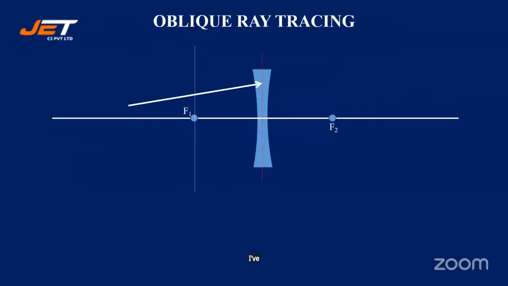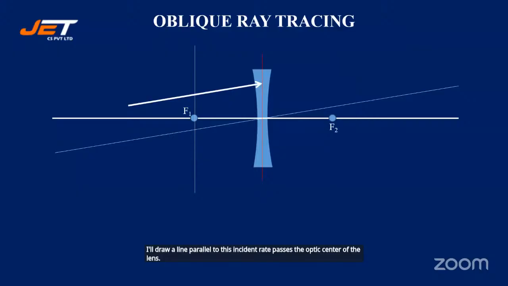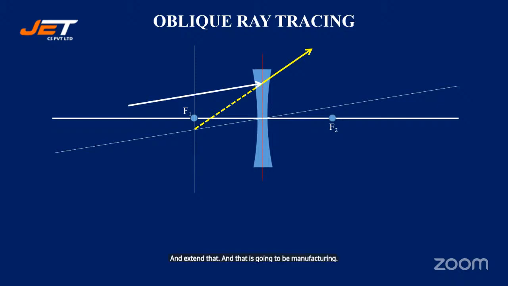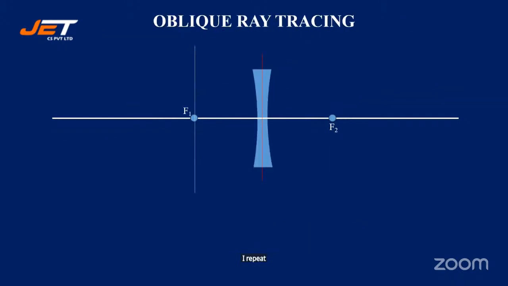I've got a ray, some random ray like this. I'll draw a line parallel to this incident ray passing through the optic center of the lens. This will intersect the focal plane at F1 at some point. I will join that point to the point of incidence and extend that. And that is going to be my refracted ray. I repeat. I've got a concave lens, F1, and a focal plane at F1.